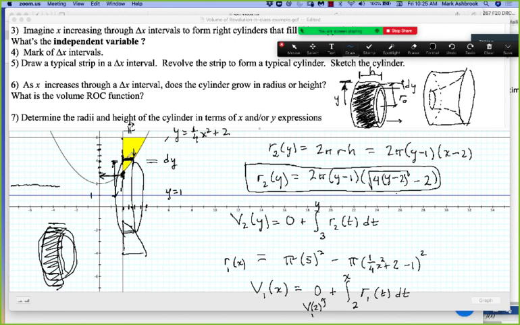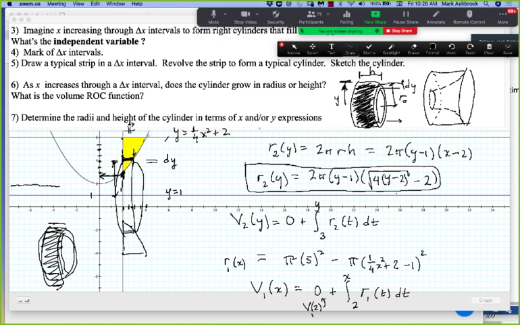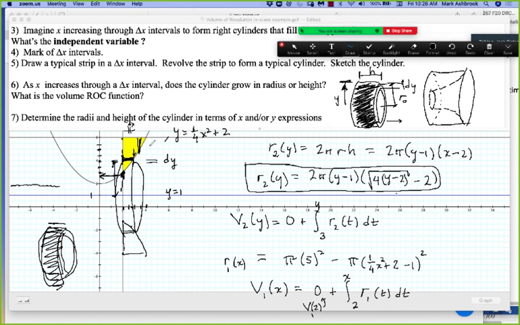So here, do you see our typical strip is like this? Yeah. So what do you get when you rotate that typical strip around y equals 1? Okay, that makes sense. And then here's a typical strip for x. What do you get when you rotate that typical strip around y equals 1? You get the cylinder with the hole through it. Yeah. Okay, that makes sense. Thank you. Sure.